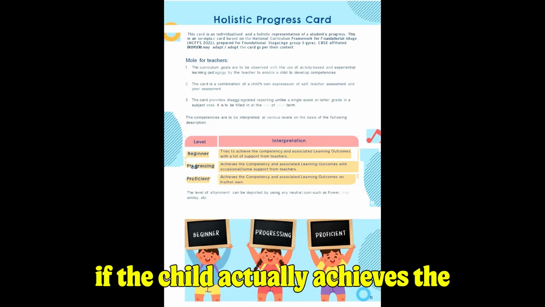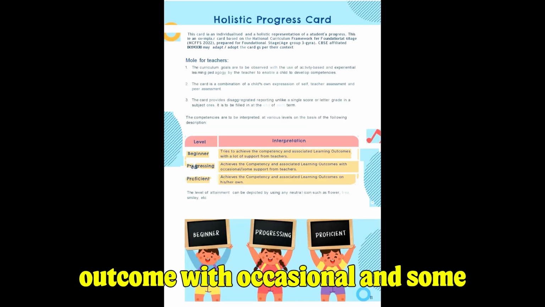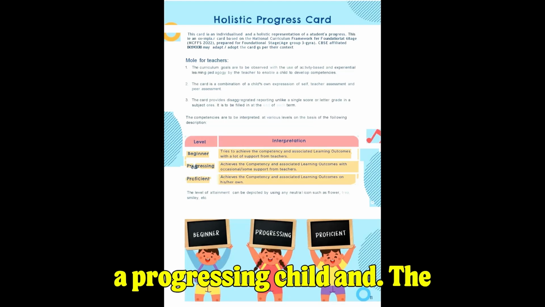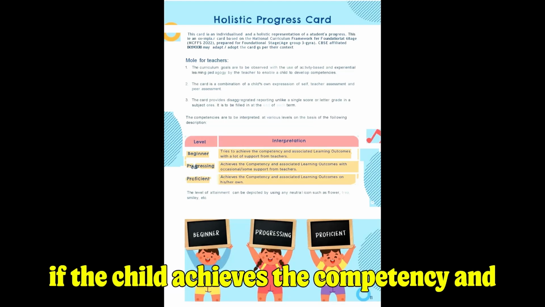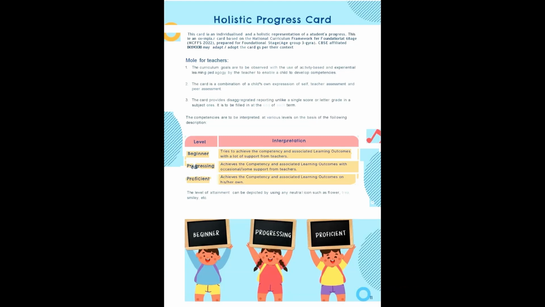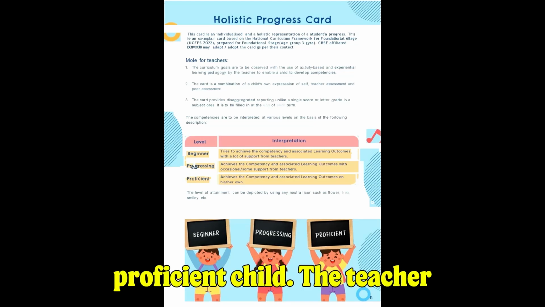If the child achieves the competency and associated learning outcome with occasional support from the teacher, then the child is a progressing child. And if the child achieves the competency and associated learning outcomes on his or her own, then the child is a proficient child.